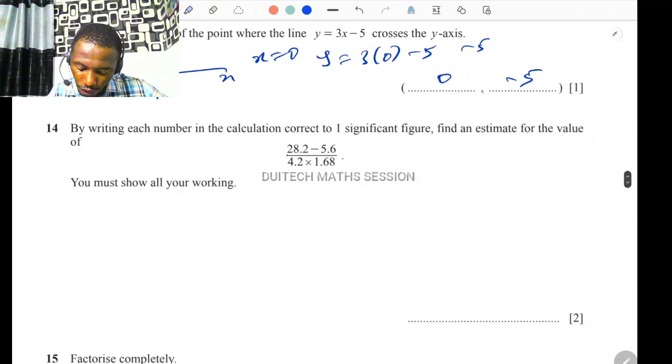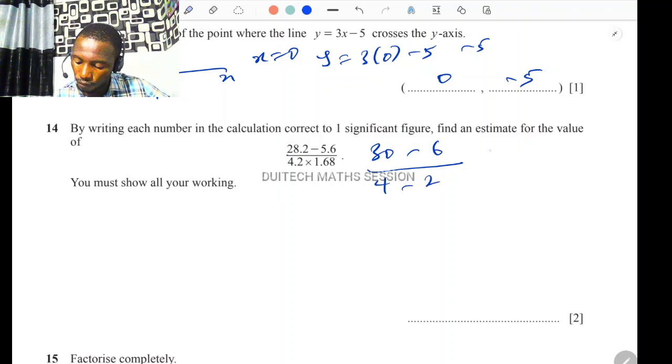It says write each number in the calculation correct to 1 significant figure. Find an estimate for the value. So 28.2 can be approximated to 1SF as 30, minus 5.6 can be approximated to 6, all over 4 minus 2.